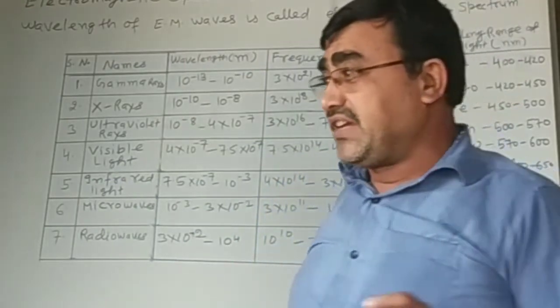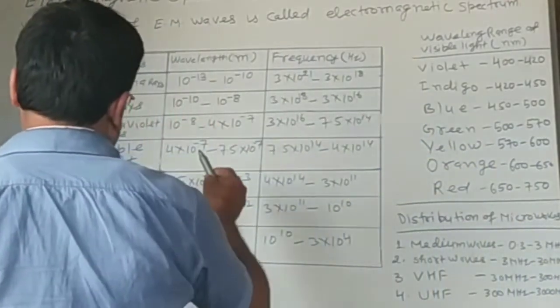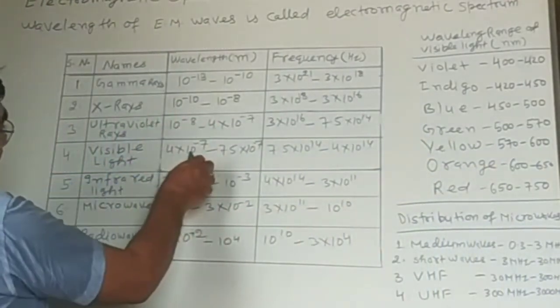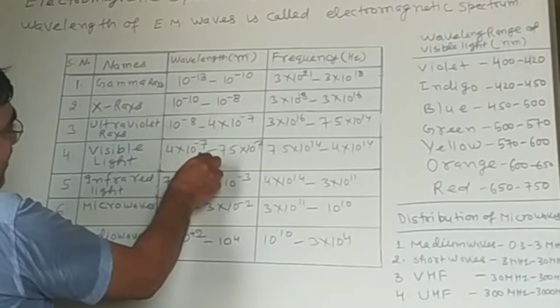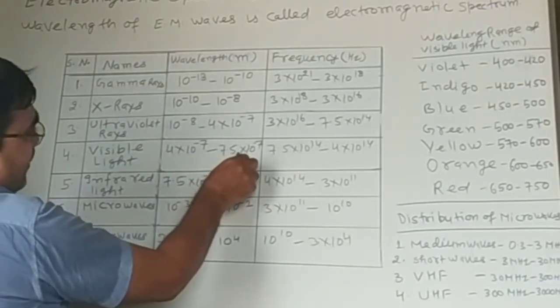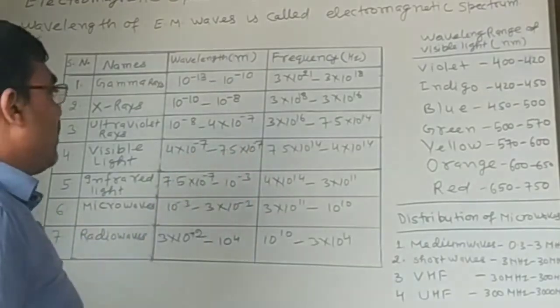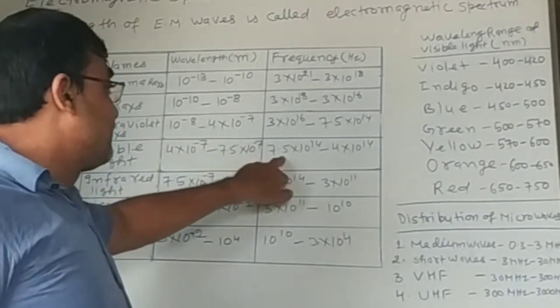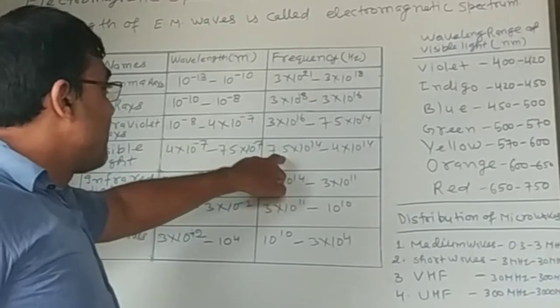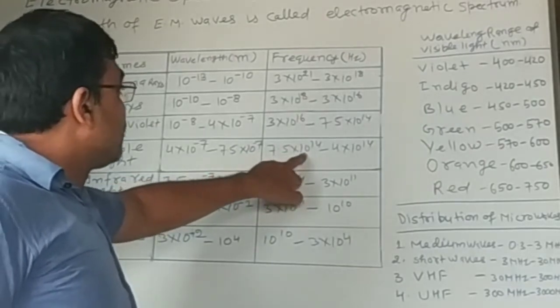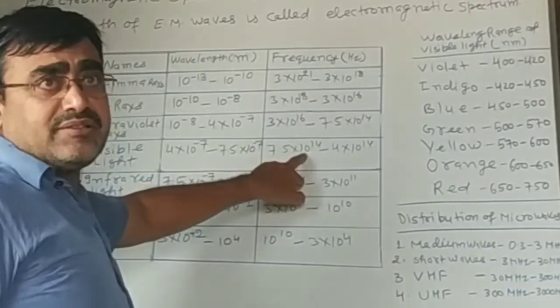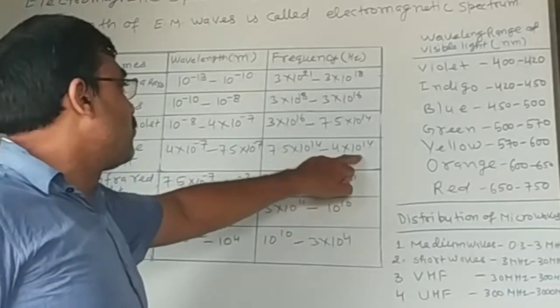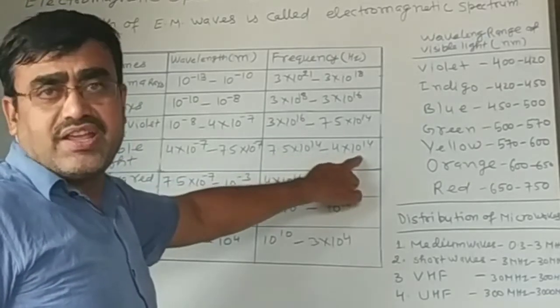Its wavelength range is 4 into 10 to the power minus 7 meter to 7.5 into 10 to the power minus 7 meter, while its frequency range is 7.5 into 10 to the power 14 hertz to 4 into 10 to the power 14 hertz.